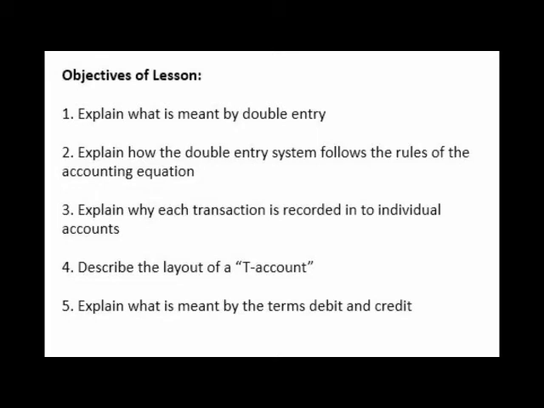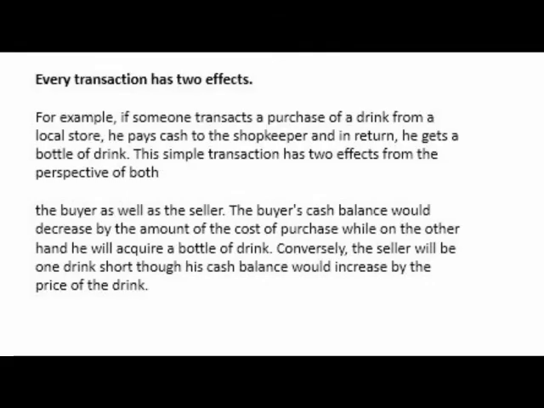I have told you in the previous sessions also that every transaction has dual effects. For example, if someone purchases a drink from a local store, he pays cash to the shopkeeper and in return he gets the bottle of drink. This is a simple transaction which has two aspects, for both perspectives, the buyer as well as the seller.